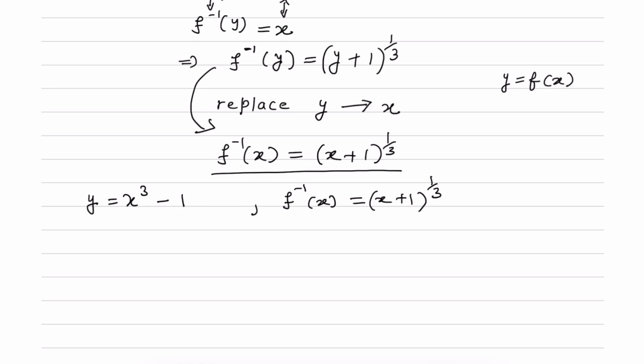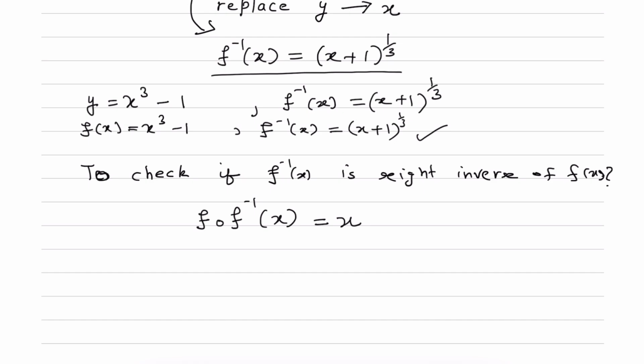So to check that we have found the right inverse, first of all, y equal to x cube minus 1, we usually call y as f of x. So f of x is equal to x cube minus 1, and we have found that its inverse f inverse x is x plus 1 to power 1 over 3.